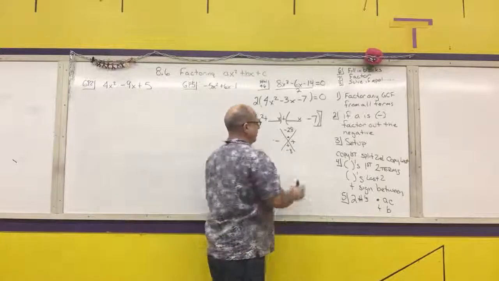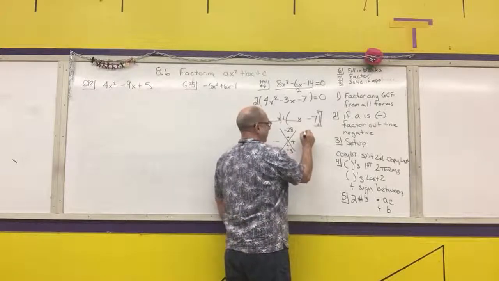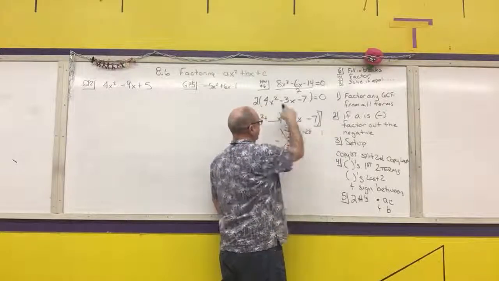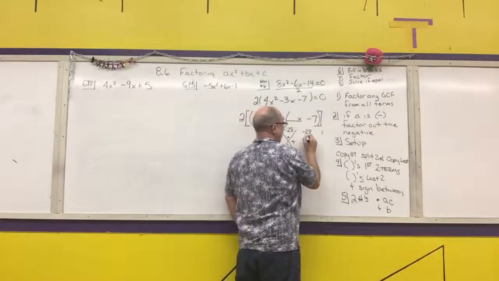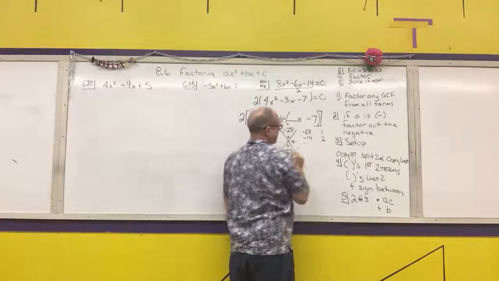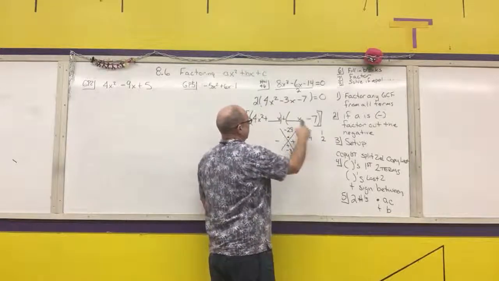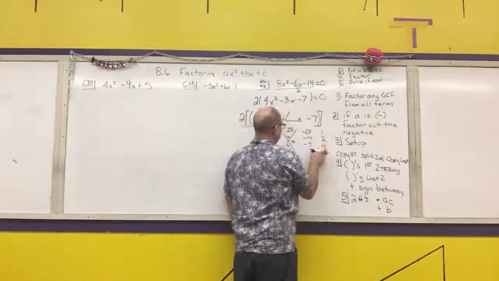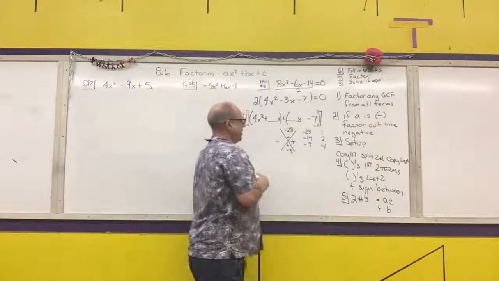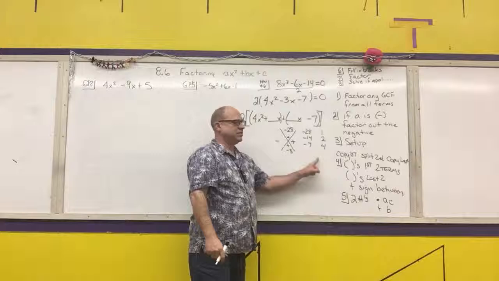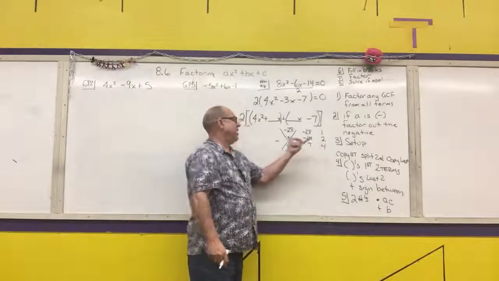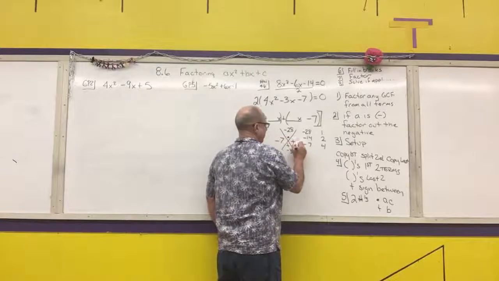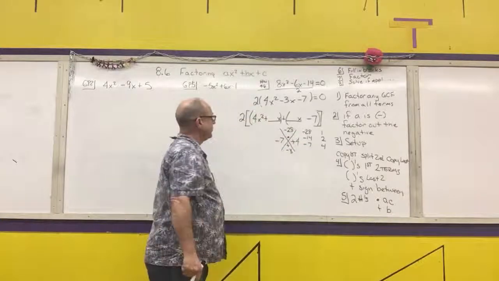So factors of 28, I'm going to do -28 and 1, which would give me a -27. -14 and 2, which would give me a -12. -7 and a +4, which would give me the -3. Again, this work is not required. I knew that it was -7 and 4. I wanted to show you how to think about it.